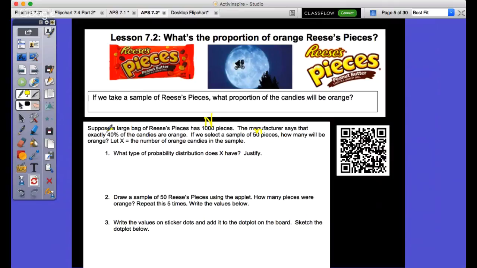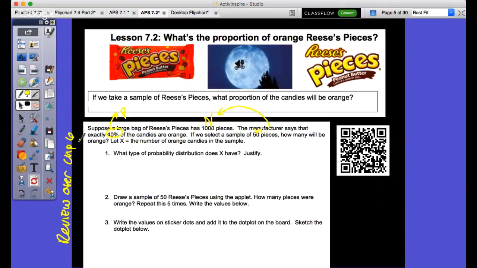And we recognize that 40% would be the P, the true P, because of what the manufacturer says about my population event. And so that's just a couple of things as we progress into number 1. By the way, this is a review over chapter 6. So just a heads up, review over chapter 6 a little bit.